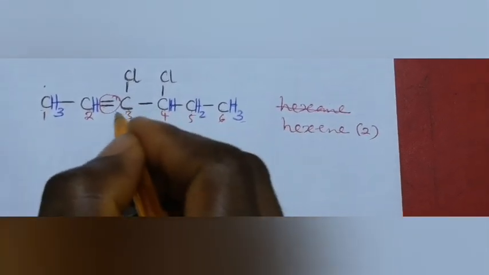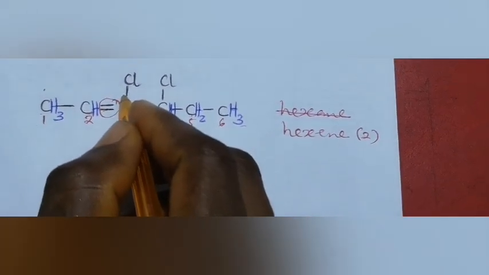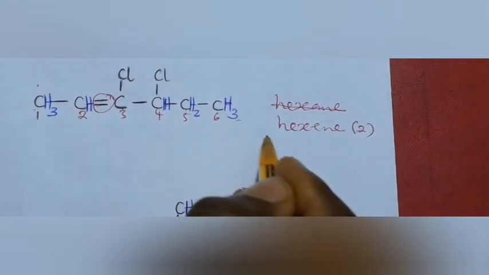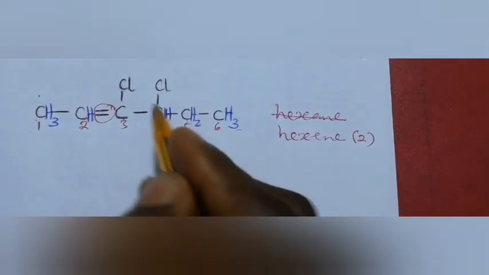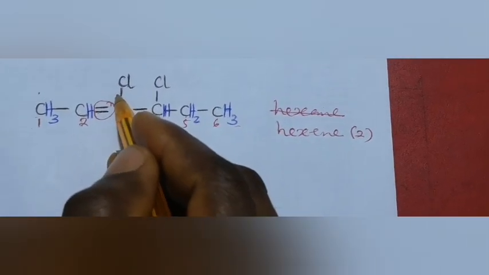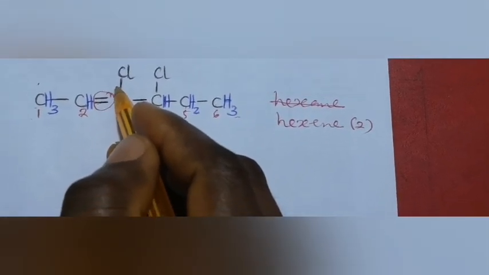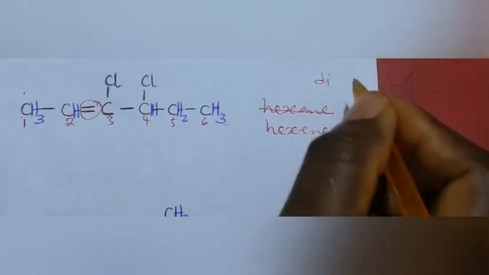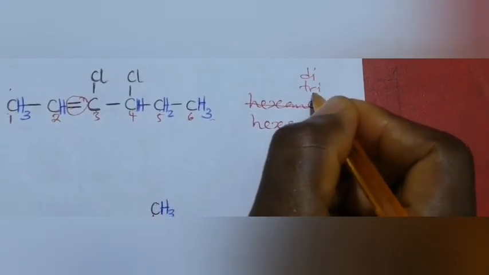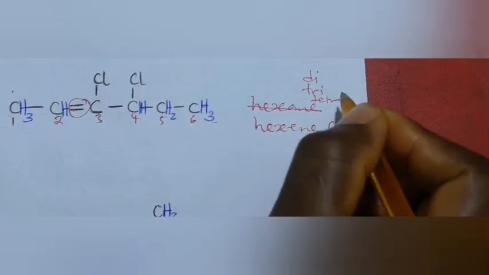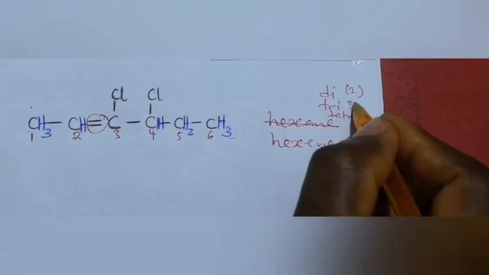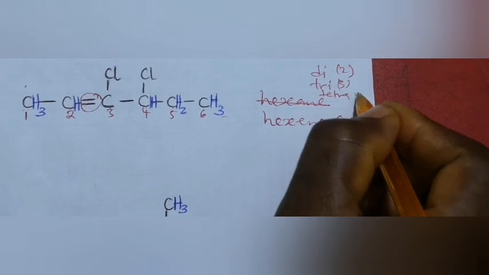So now the substituent group we have here is chlorine, and this chlorine is at 2. Then our rules say that if we have more than one substituent group, we should indicate the number by using di, tri, tetra. Di is when it is 2, tri is when it is 3, then tetra is when it is 4.